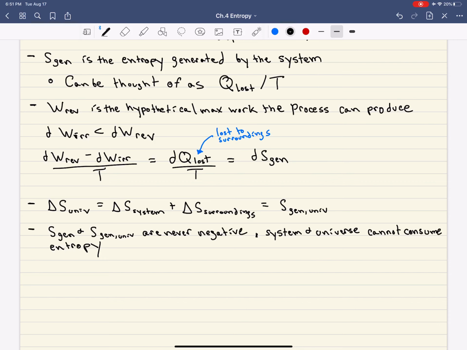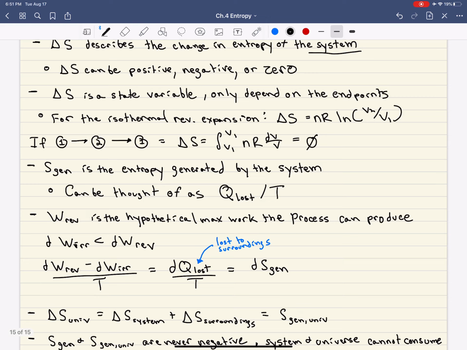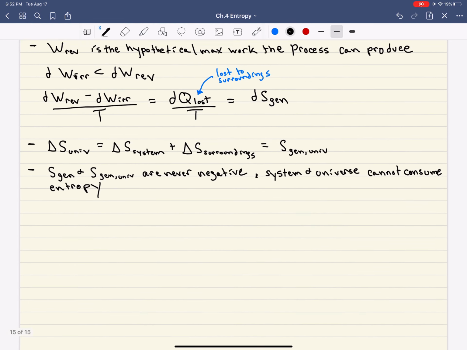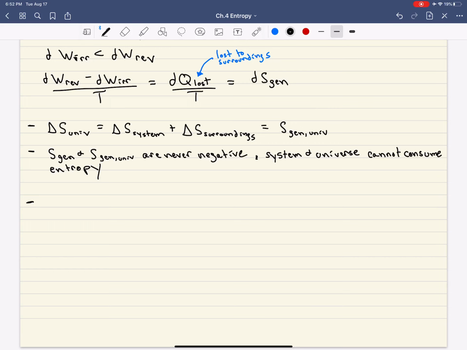At least when discussing what delta S and S-gen are, for now I just focused on what they mean mathematically. But more importantly, we need to talk about what entropy means physically. What does it physically mean to increase the entropy in a system or decrease it? To get a good handle on that, we're going to have to wait a little bit, because I haven't introduced yet the mathematical tools needed for that discussion.